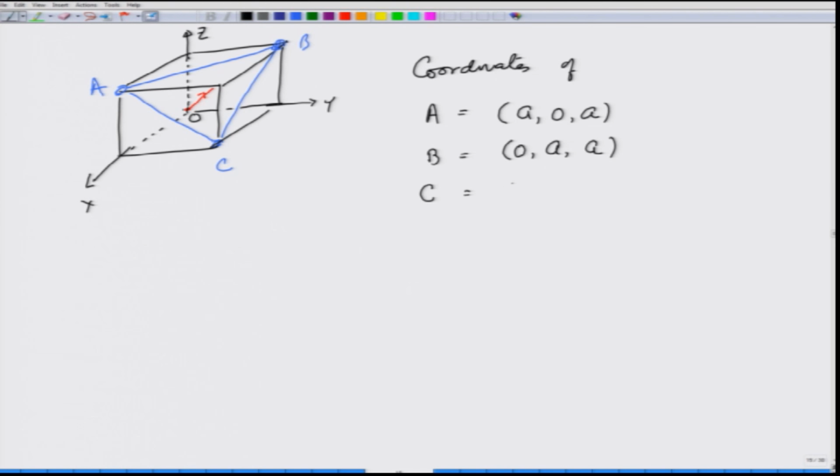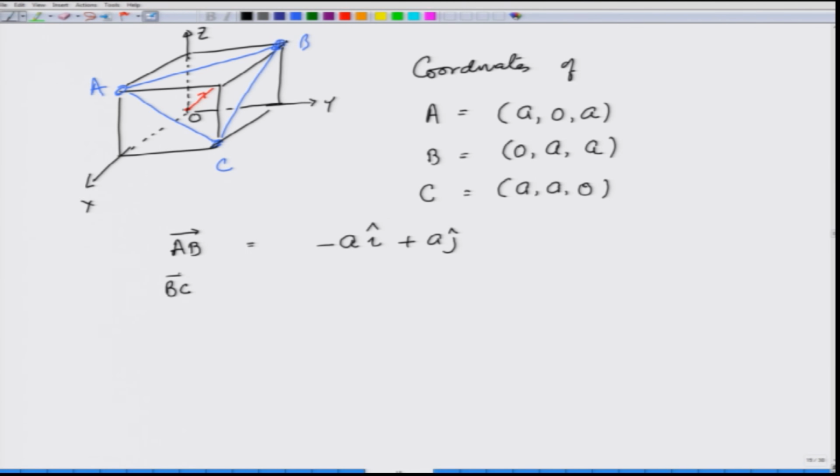Coordinates of C are 0 in direction z, but in the x and y directions I have to move by a and a. Therefore, vector AB, recall from how we form vectors in the previous problem solving session, is coordinates of B minus coordinates of A, so minus a i plus a j.